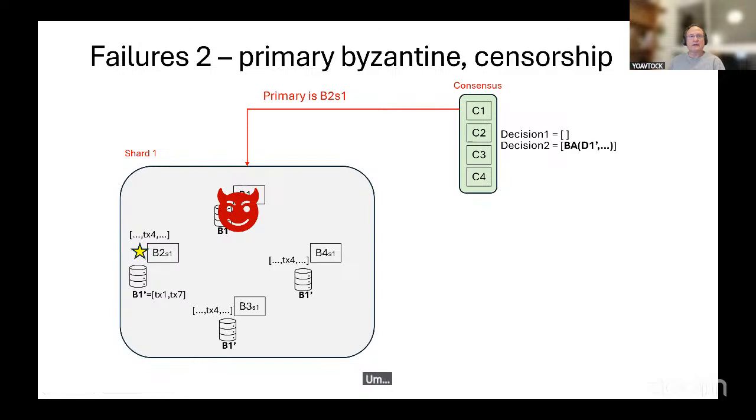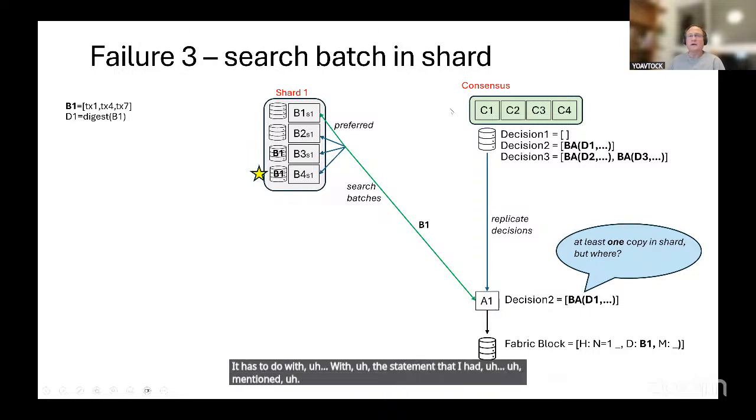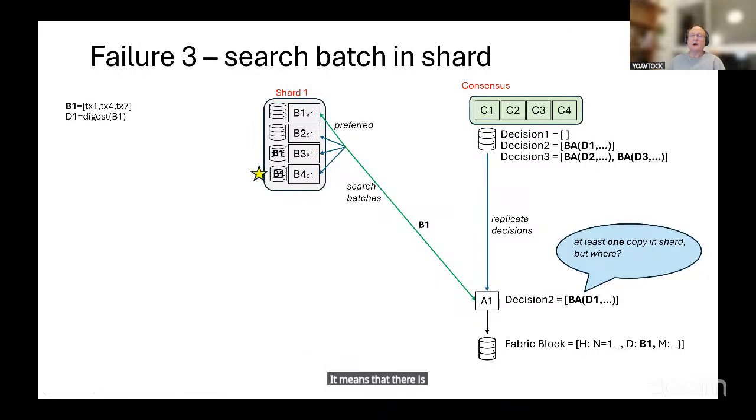The third example of a failure has to do with the statement that I had mentioned before, that if a batch is included in a batch attestation, it means that there is at least one good copy of that batch in the shard, right?